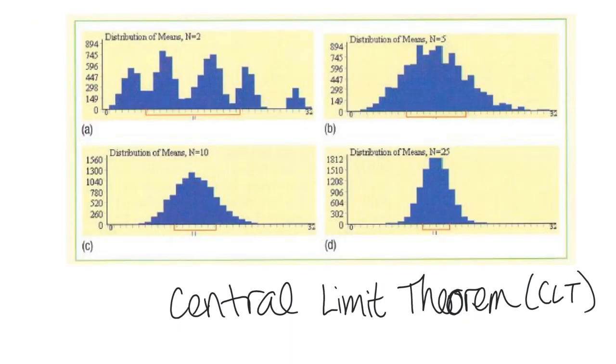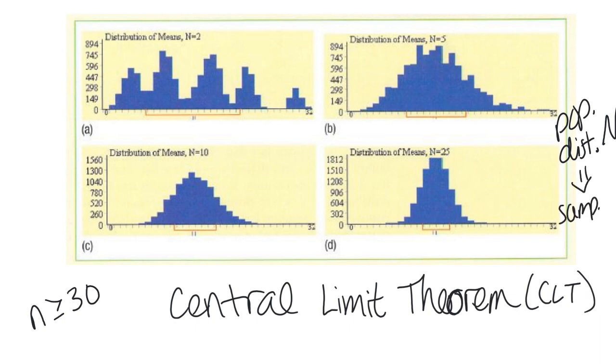Okay, so let's look at what we call the central limit theorem. The central limit theorem basically states that if my sample is considered quote unquote large, then my sampling distribution shape of X bar will be approximately normal. What is considered large is a sample size usually greater than or equal to 30. Keep in mind, if my population distribution is already approximately normal, then my sampling distribution is going to be approximately normal shaped, right?